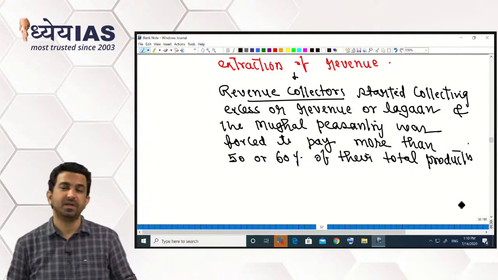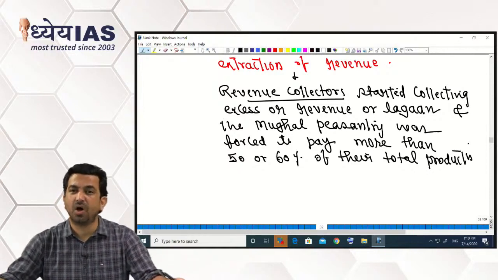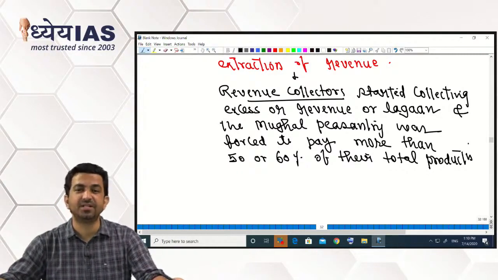हो रही थी। Revenue collectors, mansabdars or officials of the state, they started collecting more than the required rate of lagan.